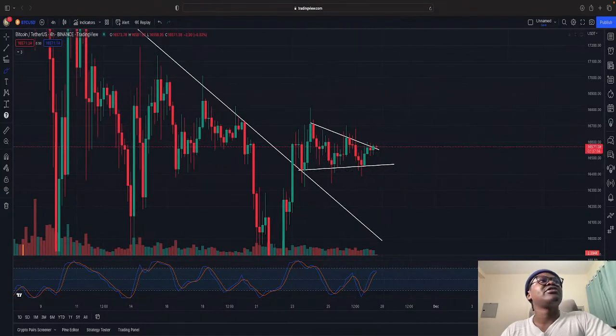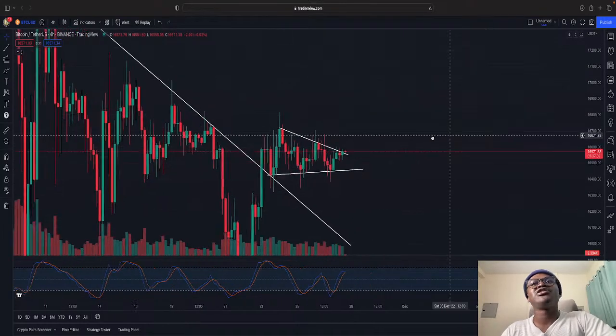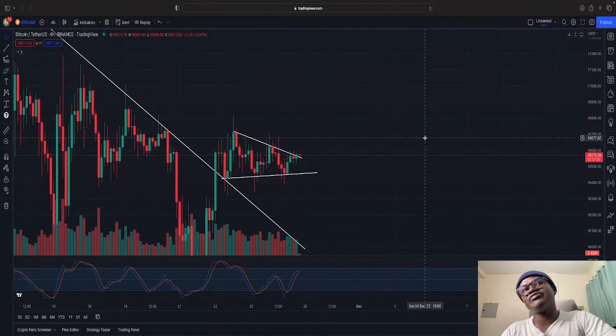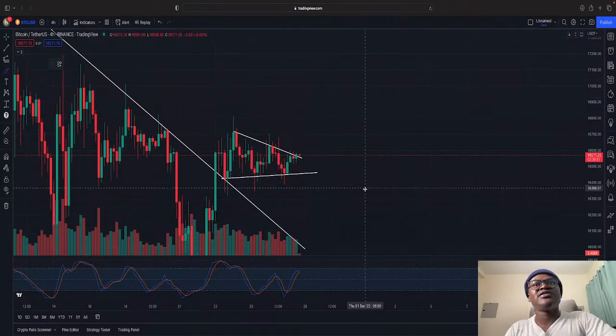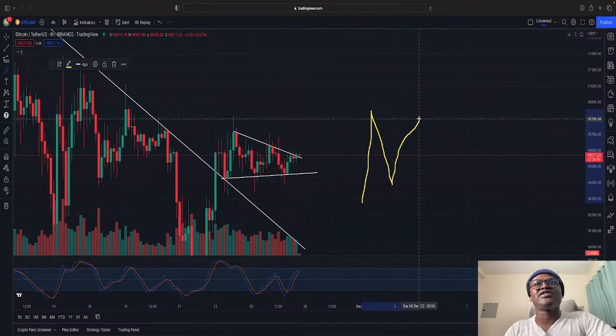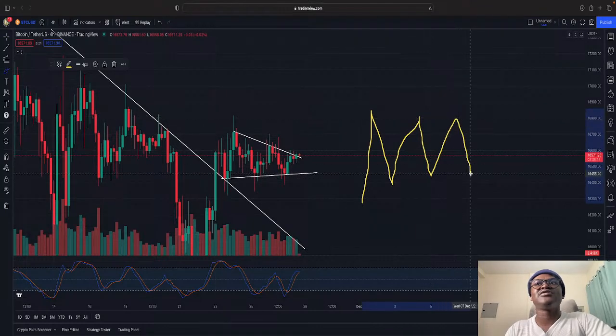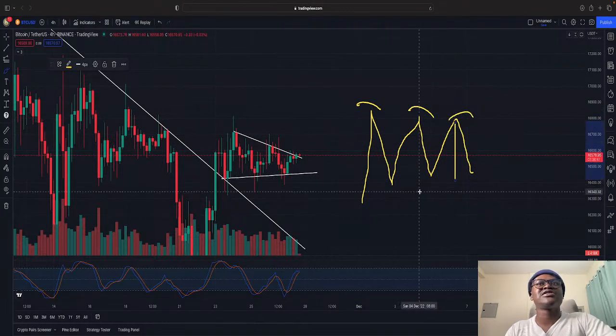Another pattern that you can know is the triple bottom and triple top. Triple bottom is a price reversal pattern similar to the head and shoulders. Same ideology there. Triple top looks like so: equal tops. So you have this, this, and this. Same way to get the targets.